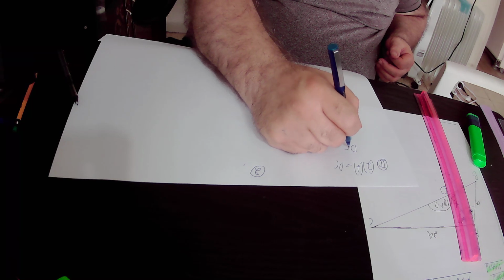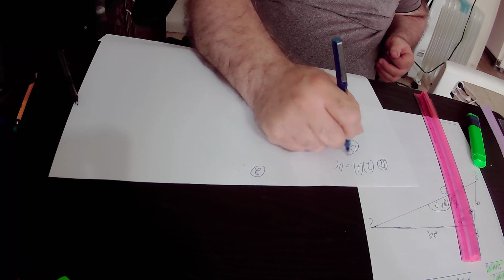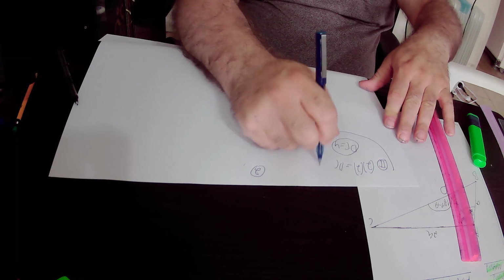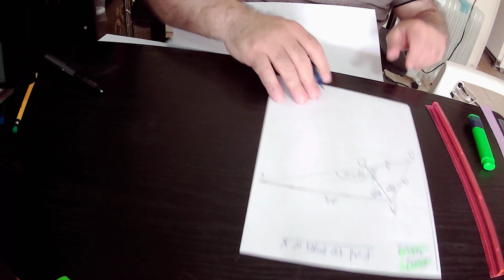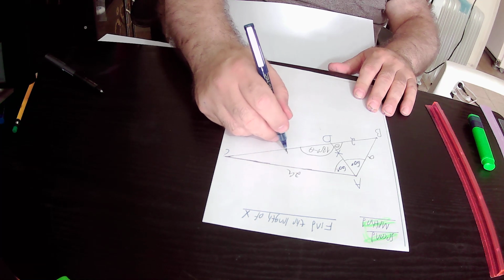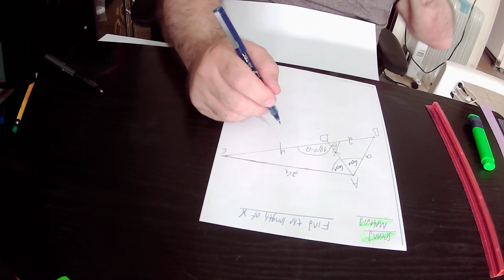So DC equals 2 times 2, that is 4. So we can write here that DC equals 4 units, exactly as we already found out in the first method.